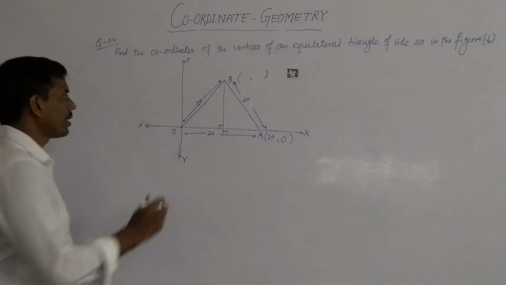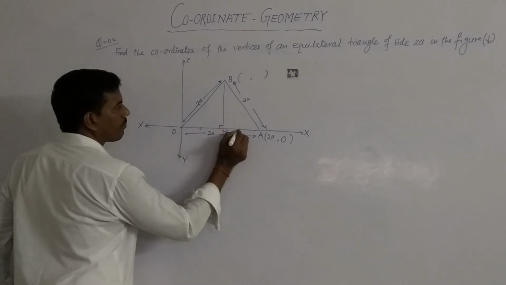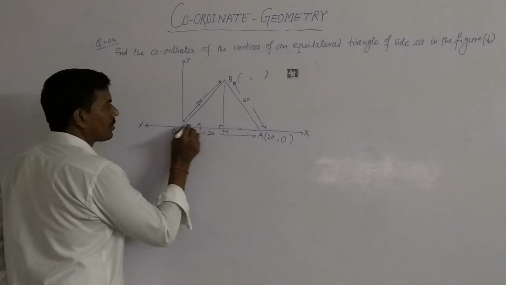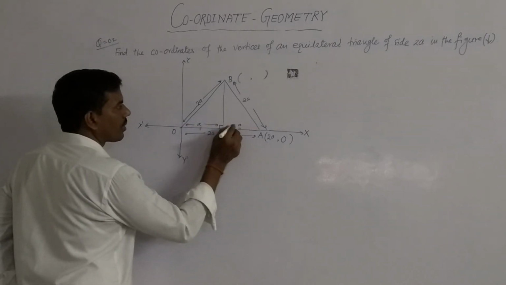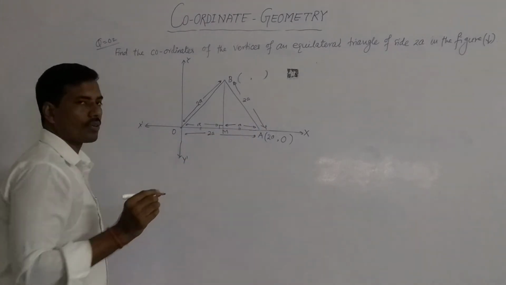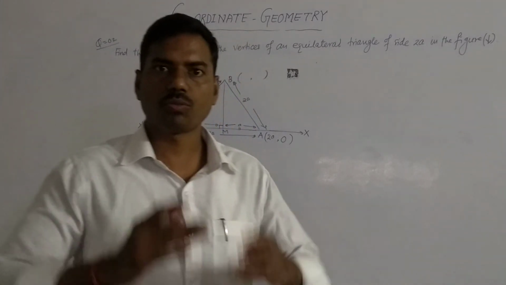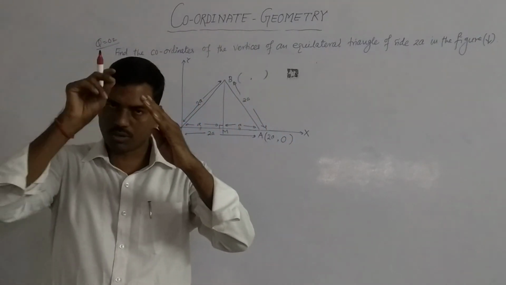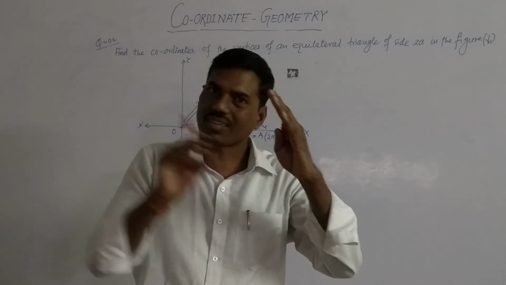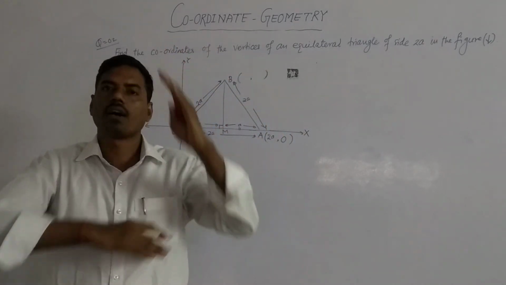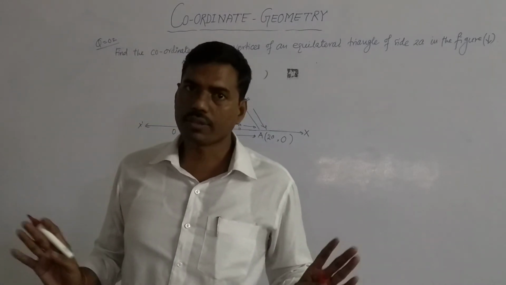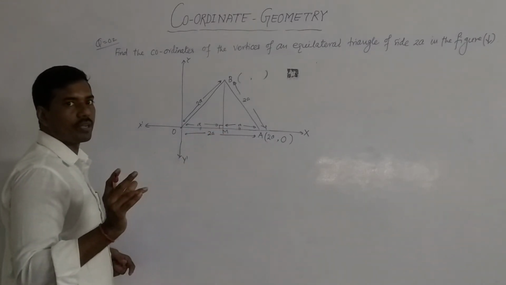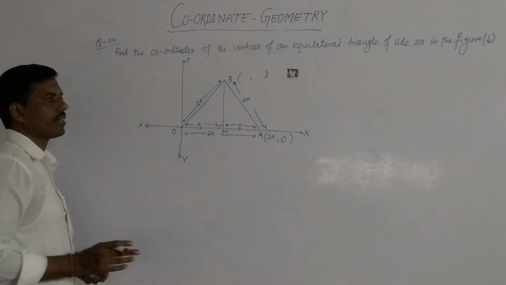So OM is equal to MA, and OA is 2a, so OM is a unit and MA is a unit. This property also holds in an isosceles triangle: when two sides are equal and we draw a perpendicular from the vertex to the opposite side, it bisects the angle and bisects the opposite side into equal parts.